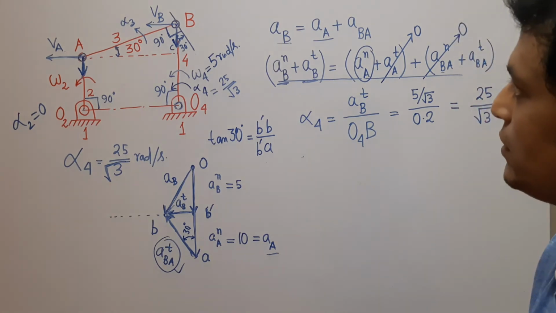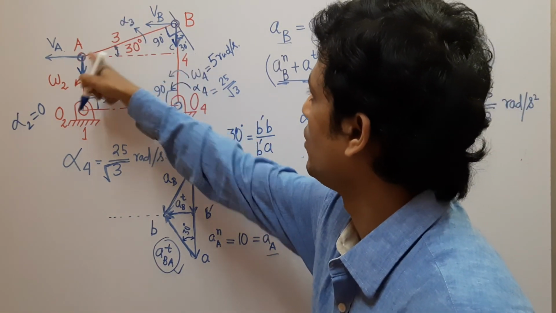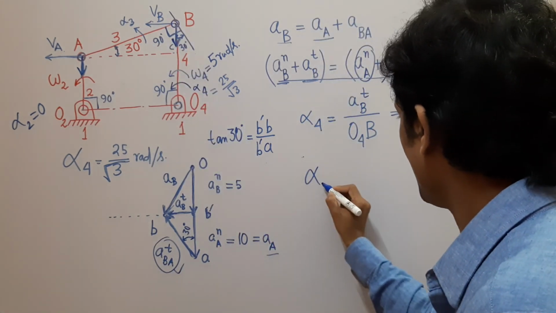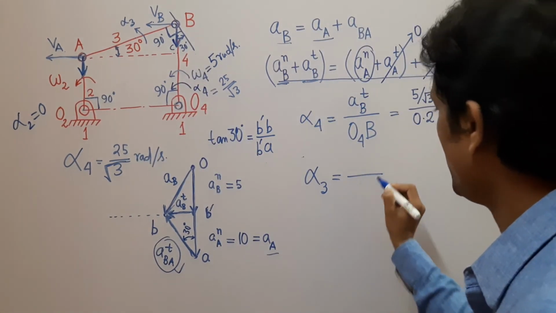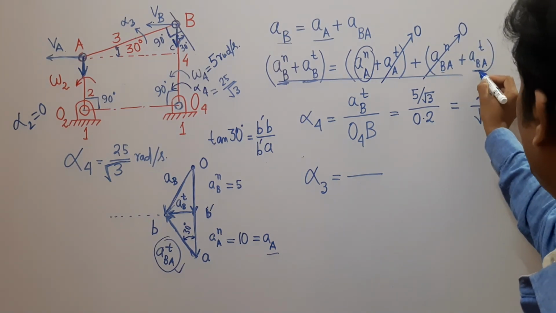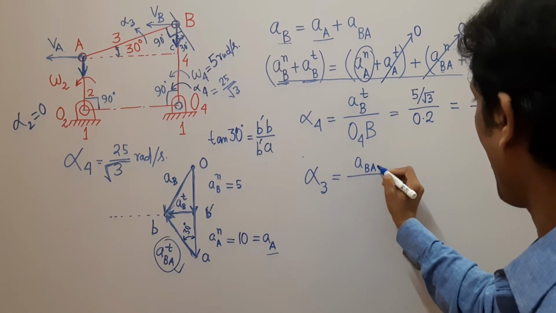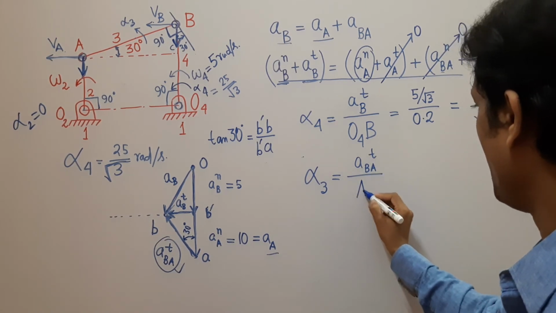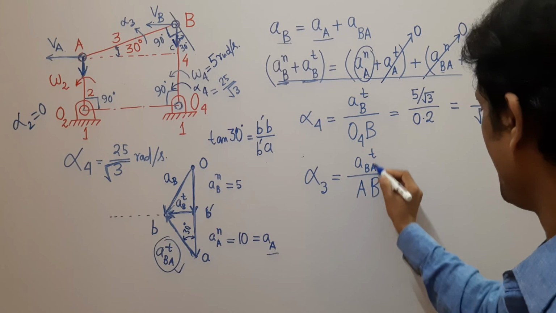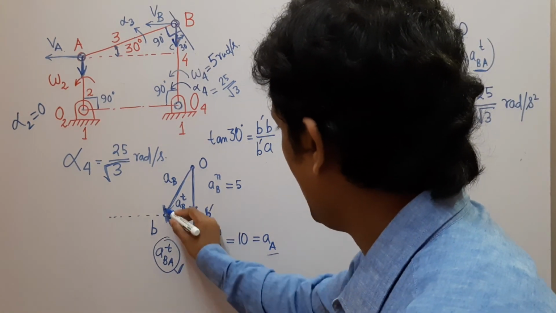And what is alpha 3? That is the angular acceleration of the connecting rod. So alpha 3 is equal to ABAT by AB. This is the tangential component. What is ABAT?